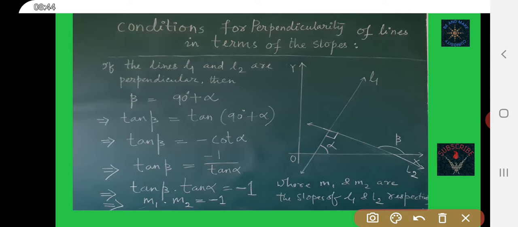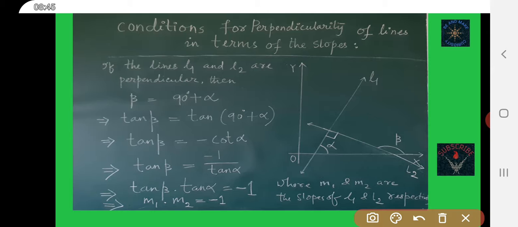Here you see in this right angle triangle, this angle beta is an exterior angle. So you know that the exterior angle is equal to the sum of the opposite interior angles. So alpha plus this 90 degree. So beta is equal to alpha plus 90 degree. Okay, you can write here beta is equal to 90 degree plus alpha.